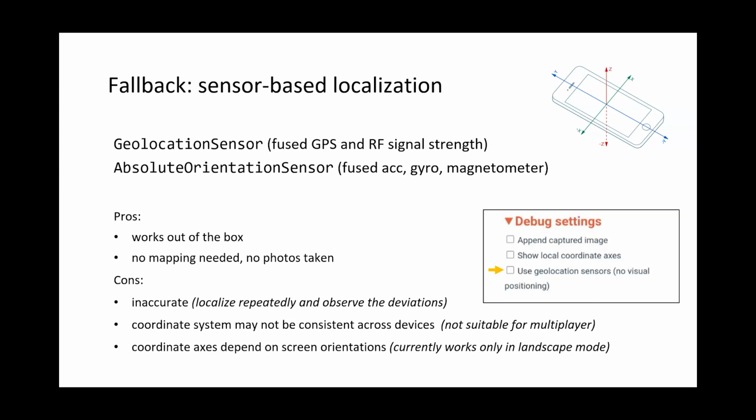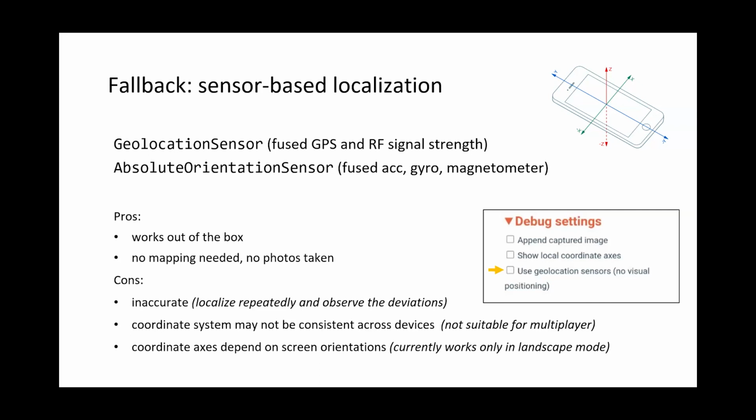The problem is that it's quite inaccurate, especially indoors. It can be totally off, but even outdoors, it can be like 10 meters off, and that means the AR objects will not show up at the exact location where they should. But it's very good for testing quickly.